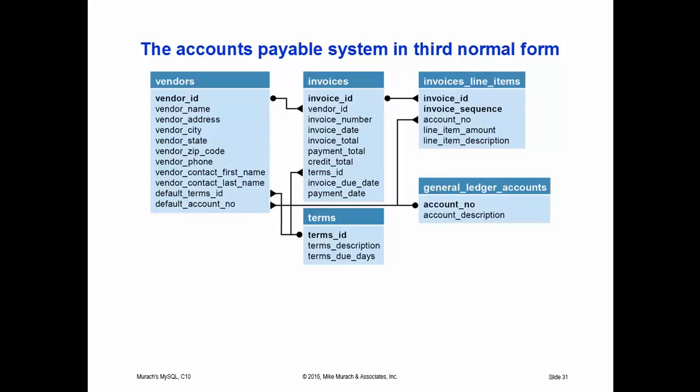So what this says is if I have a vendor ID, I know all the other information that's shown there under vendors. All right, if I've got an invoice ID in the invoices, I can get all the other information that's in there. In terms, etc., all the other ones.